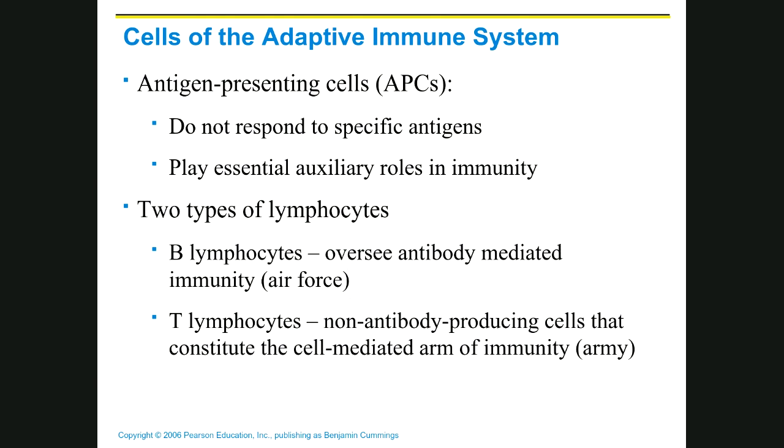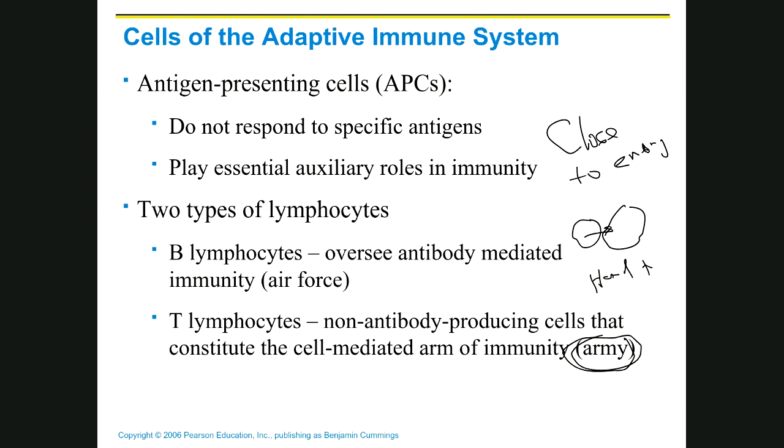T cells are more like the Army. Even if you have something like tanks or guns or battleships, you have to be fairly close to the enemy. We're going to see that exact same thing with T cells. They're going to come up to the cell. They're going to be very close, and it's a little bit like hand-to-hand combat.